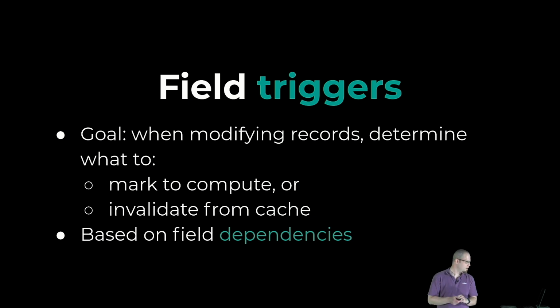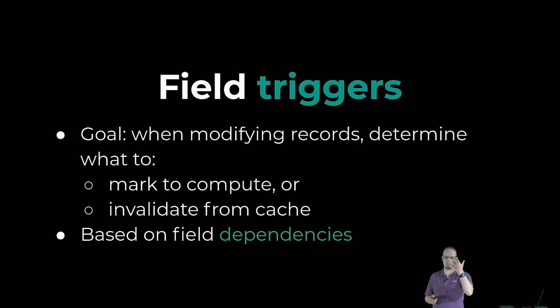The last data structure we're going to talk about is the field triggers. The goal of the field triggers is to know what must be computed when you have made some modification. So assume you update a field's dependency, which fields must be recomputed.